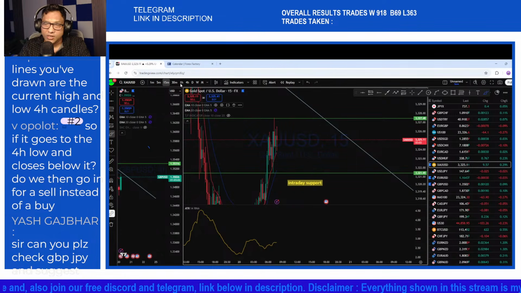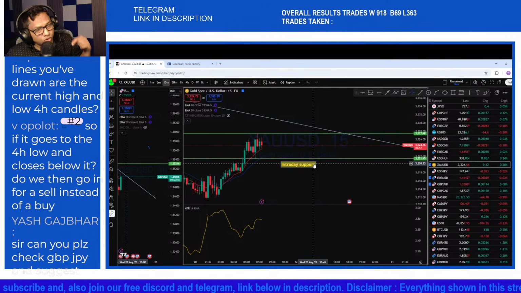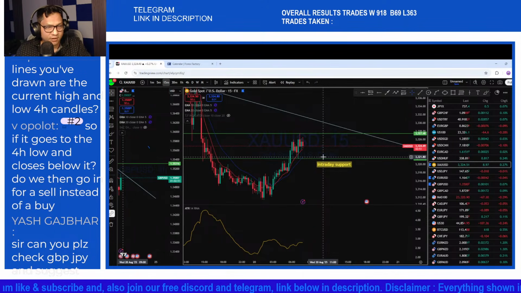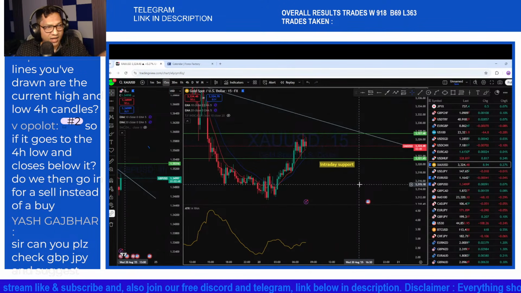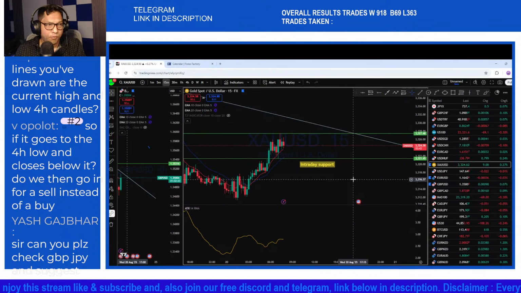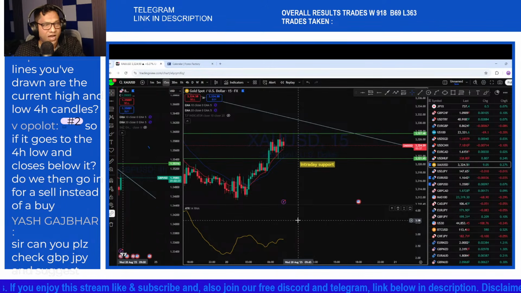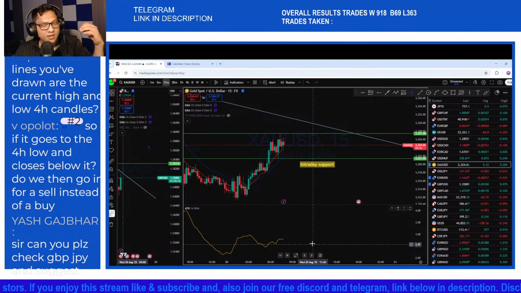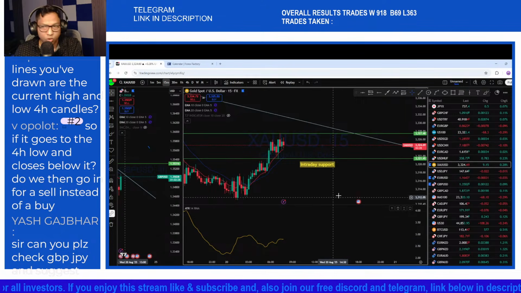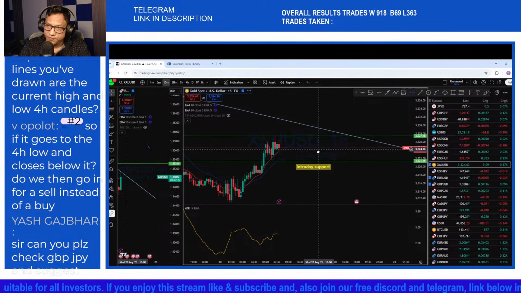And when a level is too important, there is also too much attention on it, and it can also have more false breakouts. So always check that when it is a very highly important level, be patient and wait for the market to show proper directional bias, to make a couple of false breakouts or false breakdowns on that level. False breakout means the market will come, go back up, again come back, go back up. And finally you see the market will pick up from that level, and that's where the entry is.